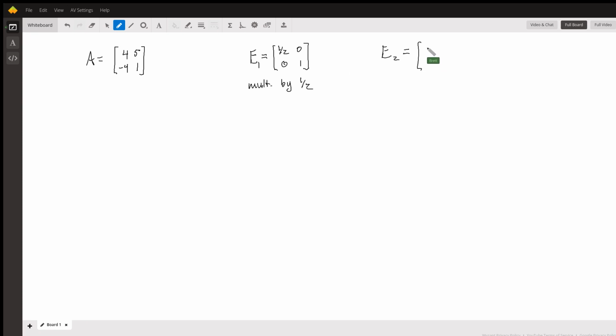So if we're going to swap first and second row, all you do is swap them in the identity matrix. The normal identity matrix, I, is equal to 1, 0, 0, 1. So if we swap the rows, we would get 0, 1, 1, 0. And if you multiply E2 by A, you'll see that the rows actually swap.